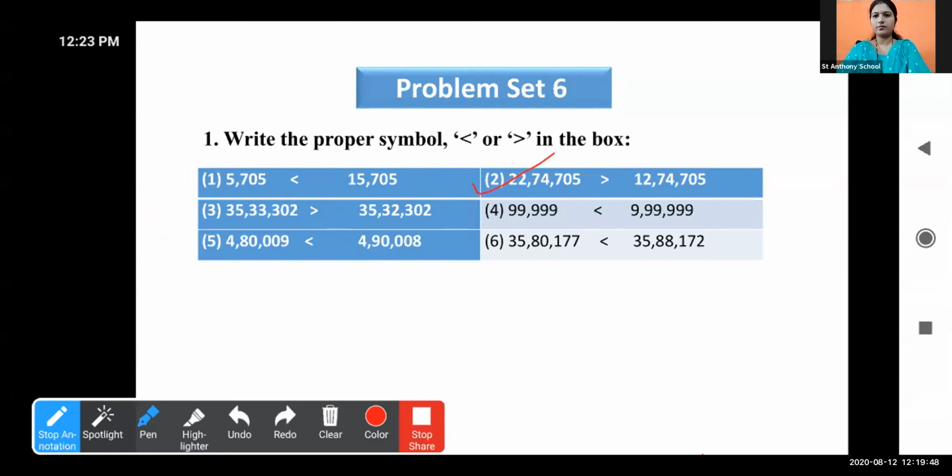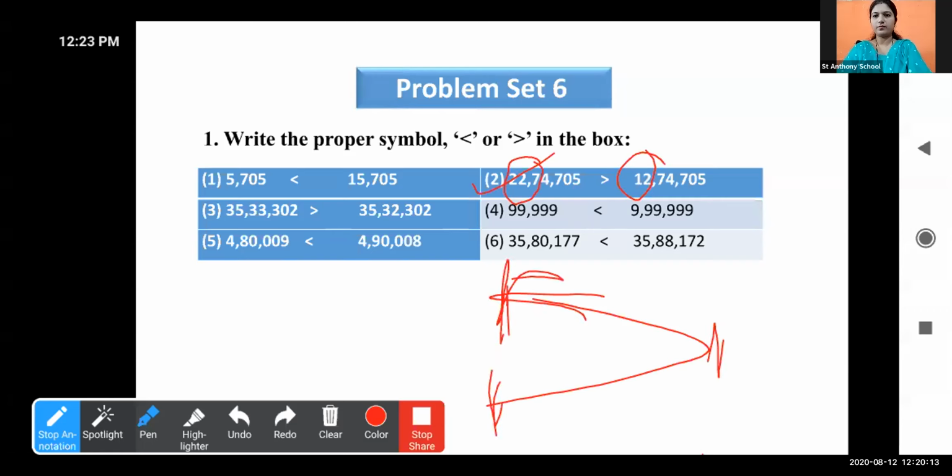So how will we understand which number is bigger? We'll see the lakh place. Here 22 is there and here 12 is there. So which number is bigger, 12 or 22? Obviously 22. So this sign will come towards the 22. 22 is bigger so it gets two sides, and 12 is small so one side will go.